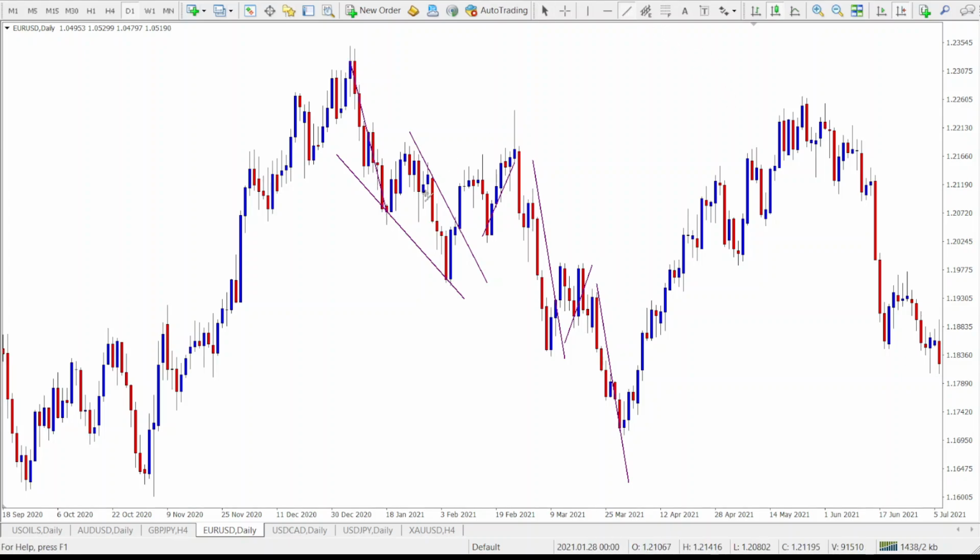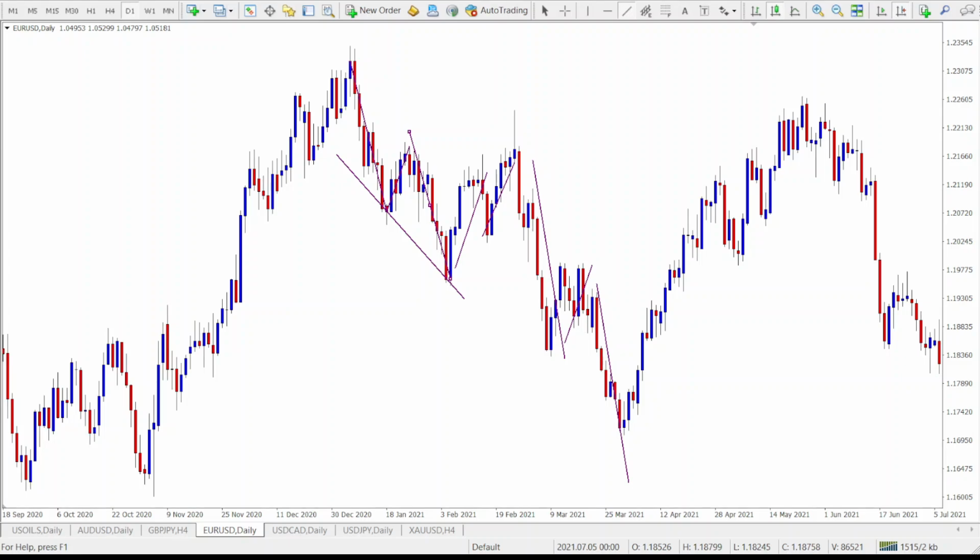You can see 1, 2, let's just call this 3, this 4, and then 5. So within wave 1, we had another wave pattern. In this case, we can call that a leading diagonal pattern.